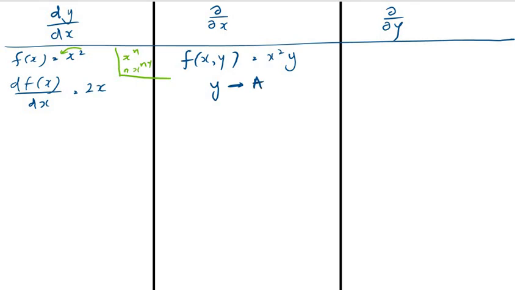And when you want to get the partial derivative, we would say partial derivative of x squared a with respect to x, because if you are doing the differentiation with respect to x, y would be a constant.